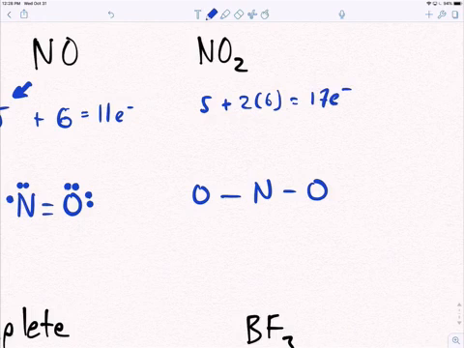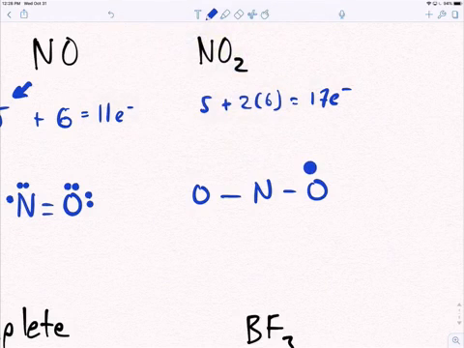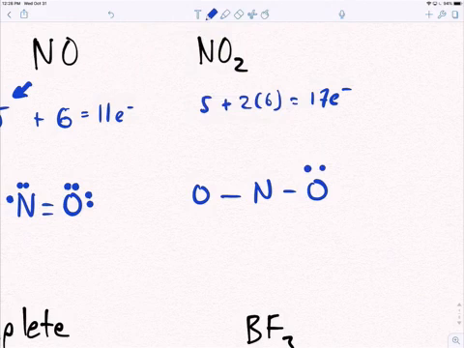So place octets on the outside. So we've already placed 4 electrons. 6, actually let me make the dots bigger. 6, 8, 10, 12, 14, 16, 17.